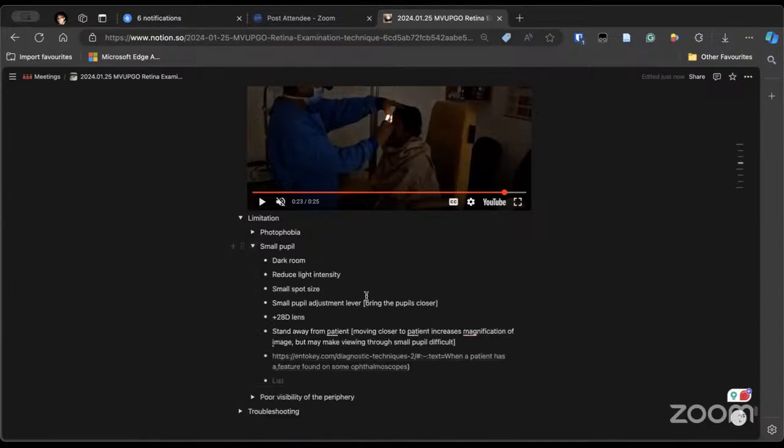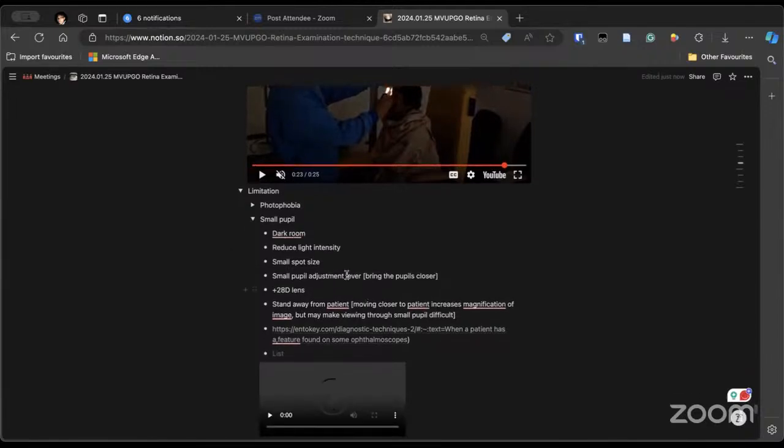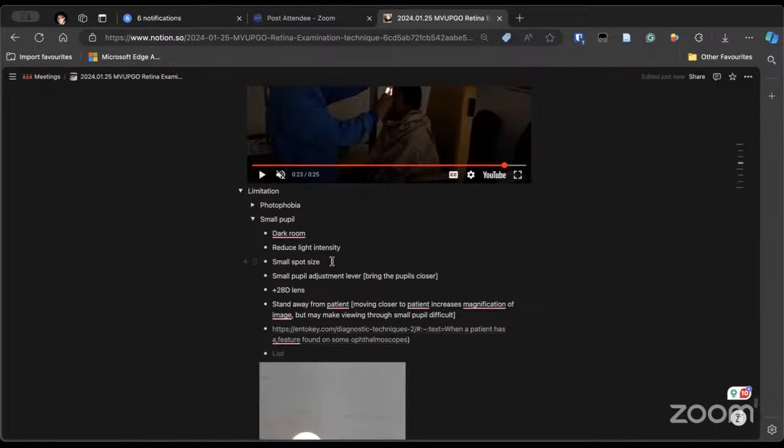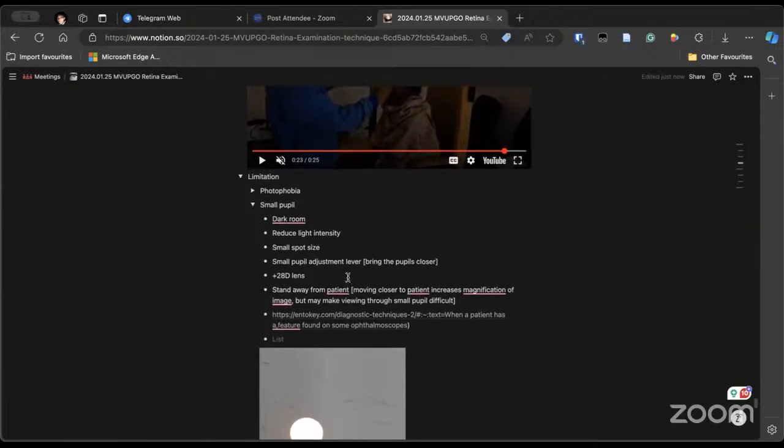So you will darken the room and reduce the light intensity of the bulb. The spot size should be small. The small pupil adjustment lever which I showed brings the mirrors closer together, and thereby brings the pupils closer. You can use the 28 D lens, which can see through a small pupil and gives a large view. You can stand away from the patient.